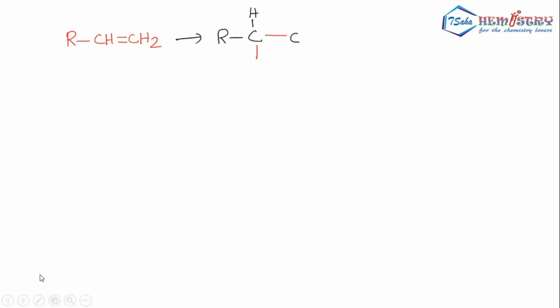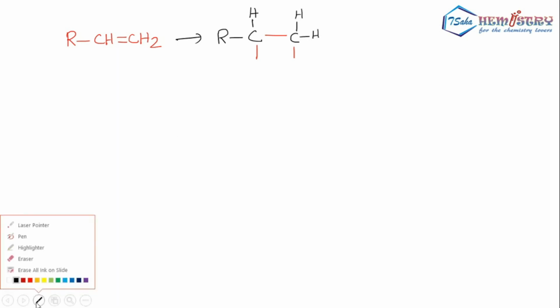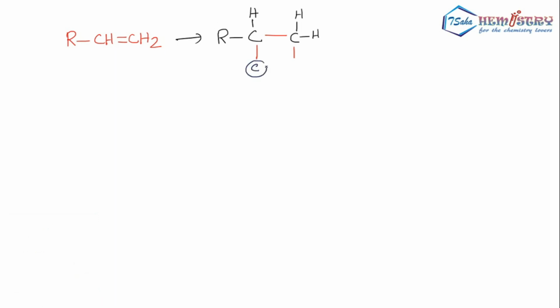For this one you are also getting a new bond. In this way you write it like this. Now you should put two new carbons over here. These two carbons are basically known as phantom carbons.